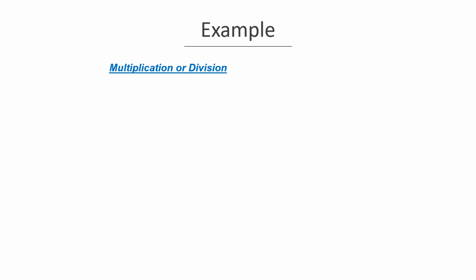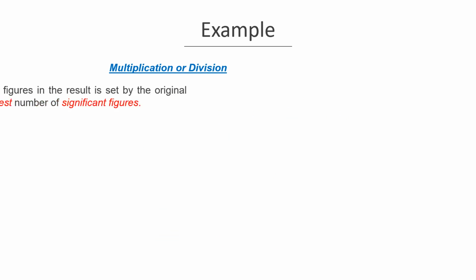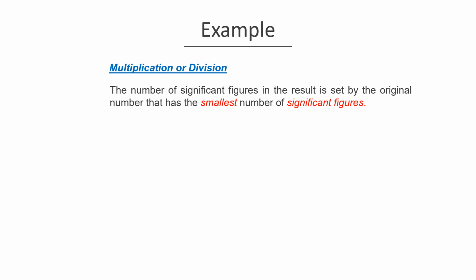For multiplication or division there is a different rule, and that is the number of significant figures in the result is set by the original number that has the smallest number of significant figures. So the key point here is the smallest number of significant figures. Example given here is 4.51 times 3.6666 equal to 16.536366.